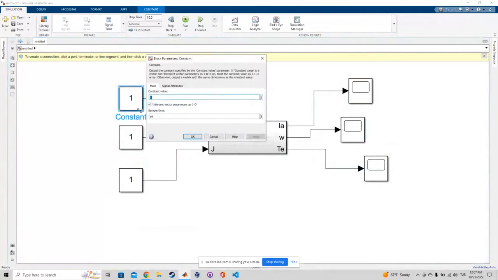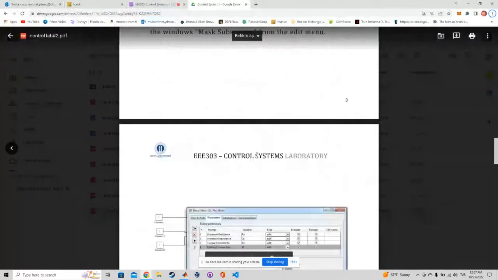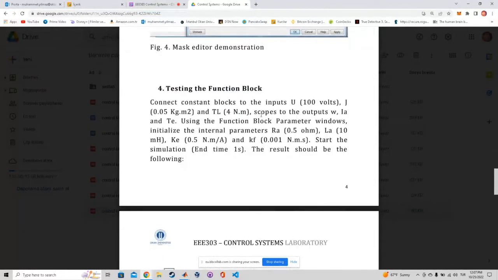When you click it, you can change the value. Okay, now we complete our circuit, our system.